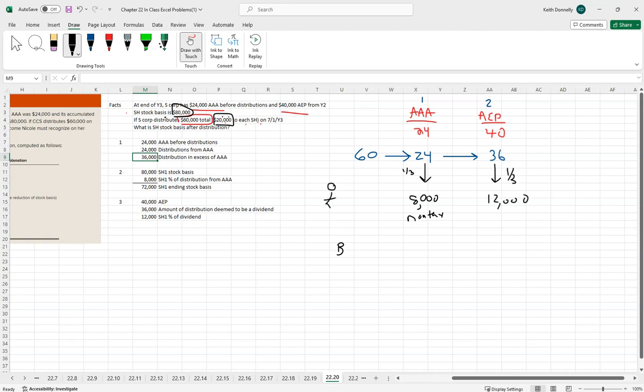So his beginning basis is 80. There are no additions, but we do have a subtraction of 8 for the dividend. His ending basis is going to be 72. This 12,000 is going to be taxable because it's from AEP. That's like that ticking time bomb.